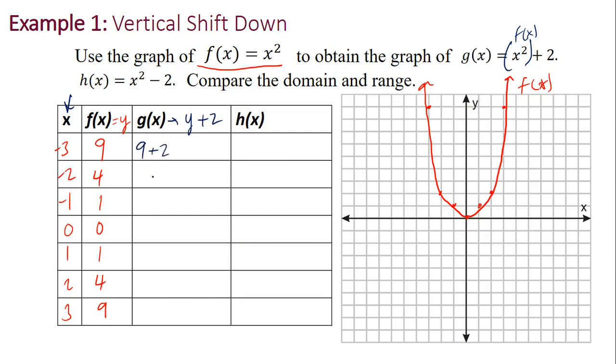So we get 9 plus 2, 4 plus 2, 1 plus 2, 0 plus 2, 1 plus 2, 4 plus 2, 9 plus 2. Those are my new y values. I'm not doing anything to the x, I'm only changing the y. So we have 11, 6, 3, 2, 3, 6, 11.